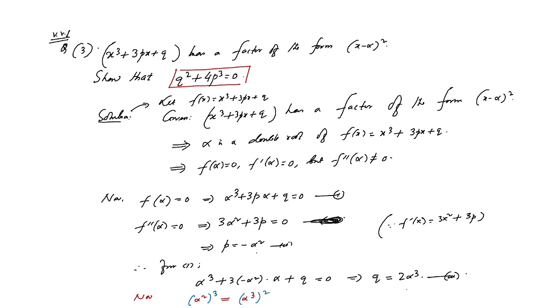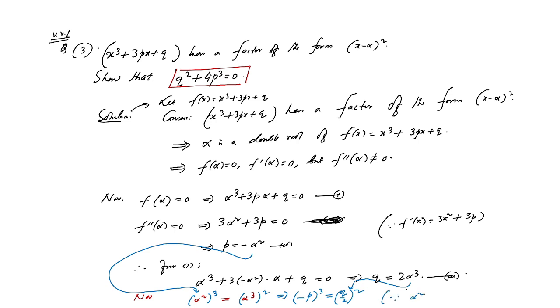Now you put alpha square from 2: alpha square is minus p, whole cube, and alpha cube is q by 2, whole square.